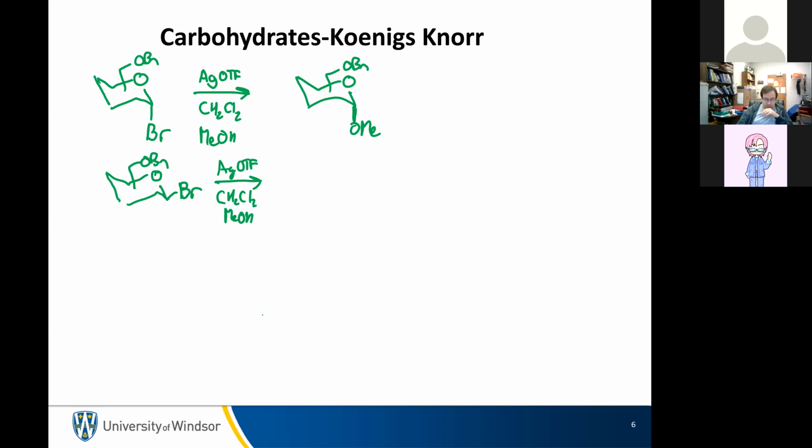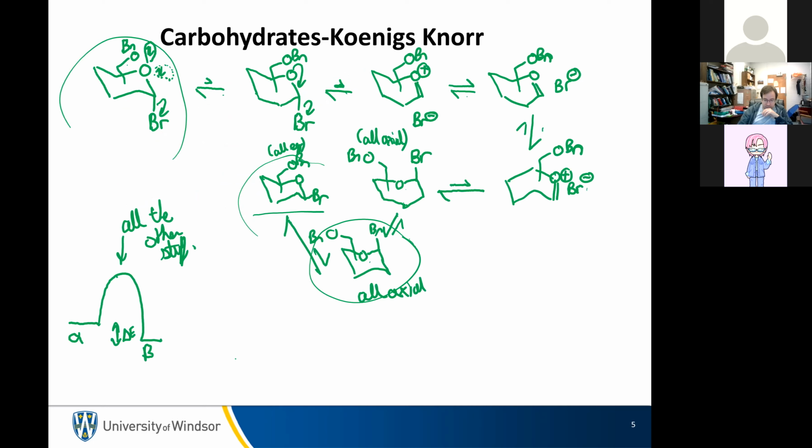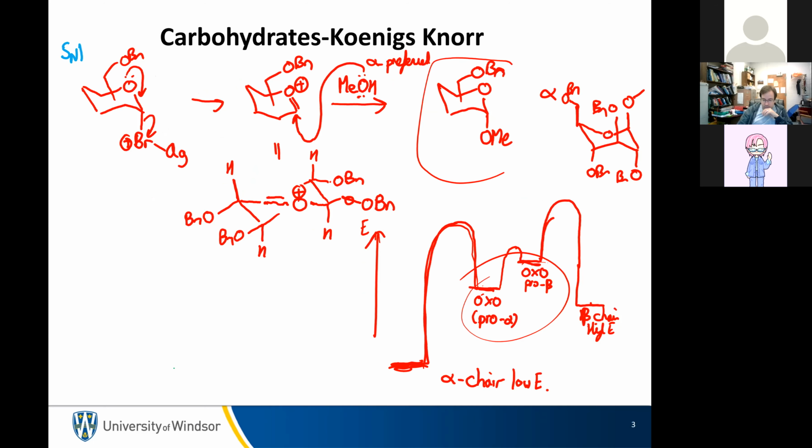So if we think about these interconversions, where we were talking about back here, and we were saying, hey, if we start with the beta chair of the bromide, we add the electrophile or the promoter.